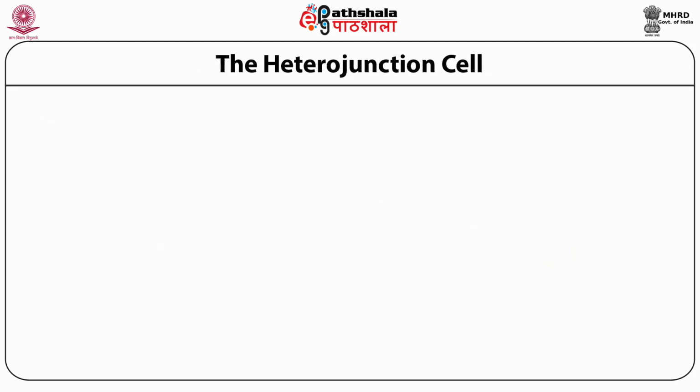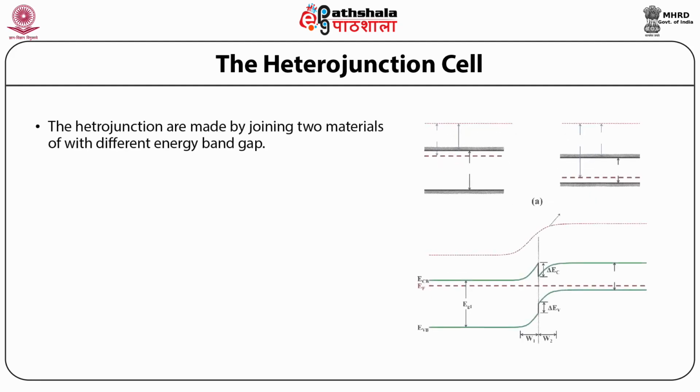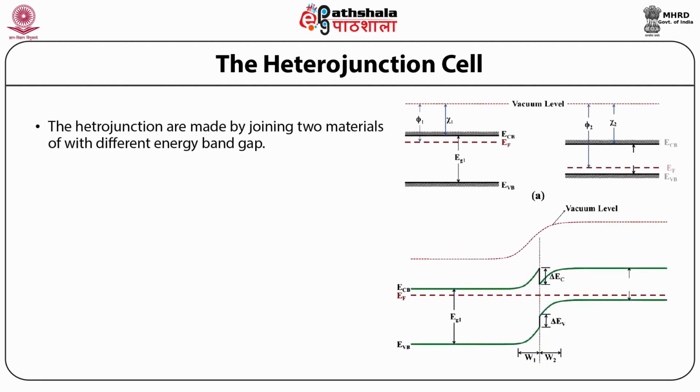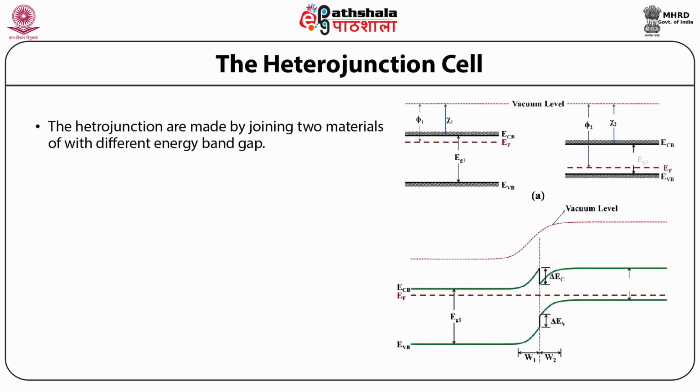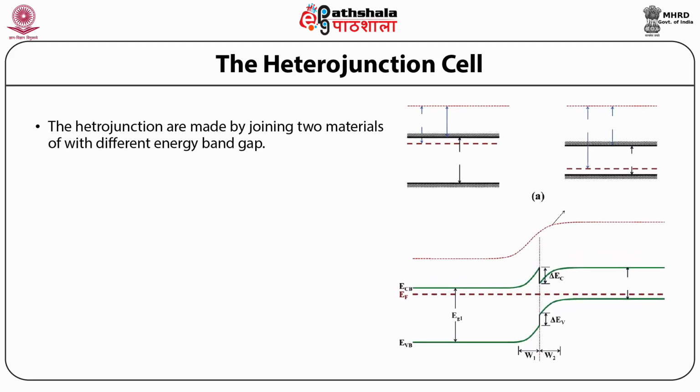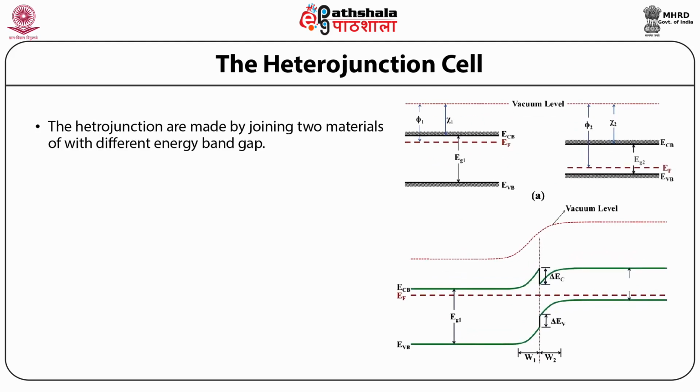The heterojunction cell. Heterojunction cells are made by joining two materials of different energy band gap. A simple energy band diagram of a heterojunction is shown in the figure, where the two materials are joined together to give the final energy band diagram, shown below.